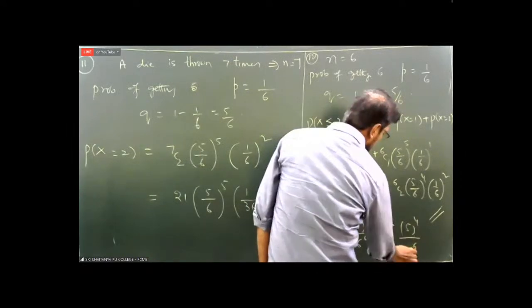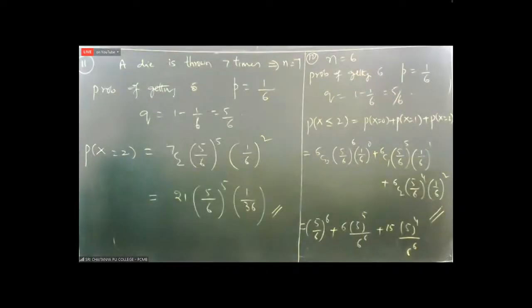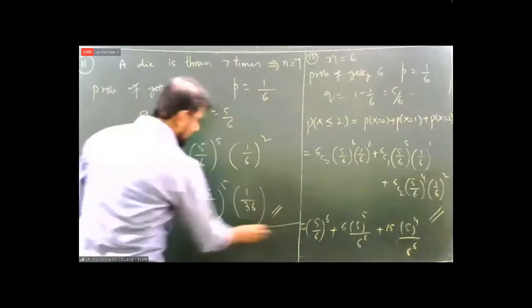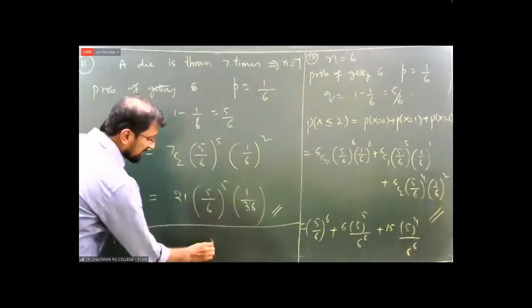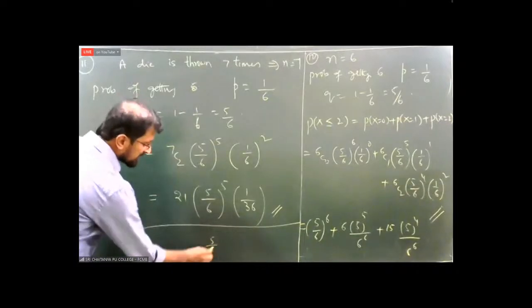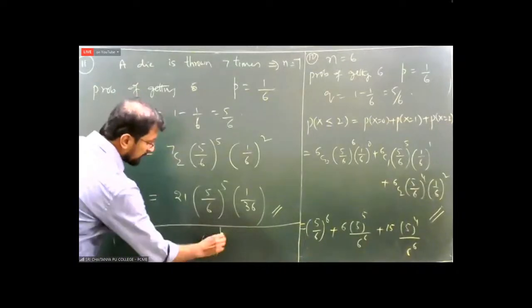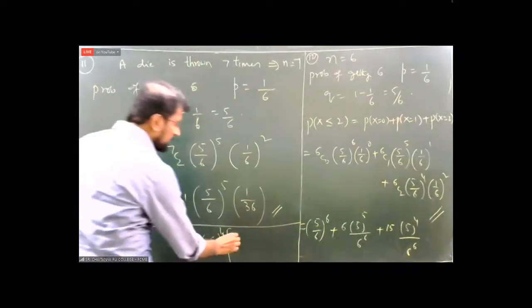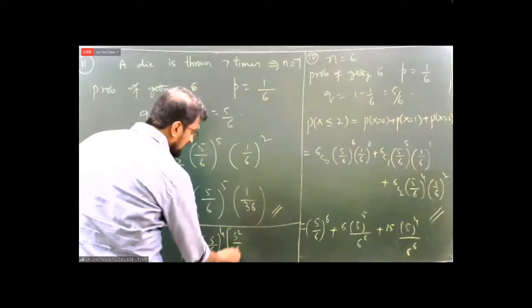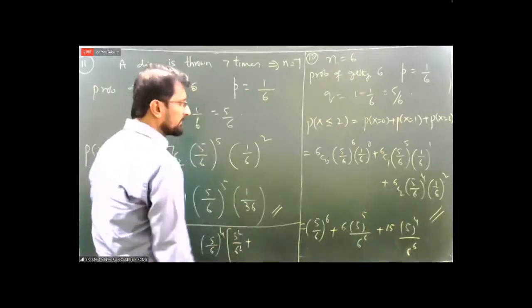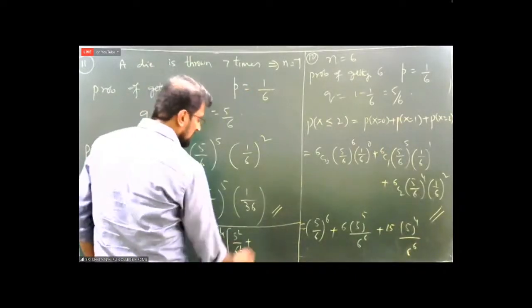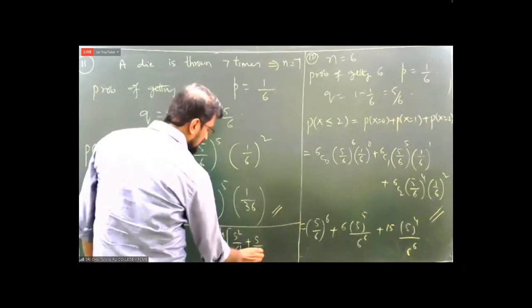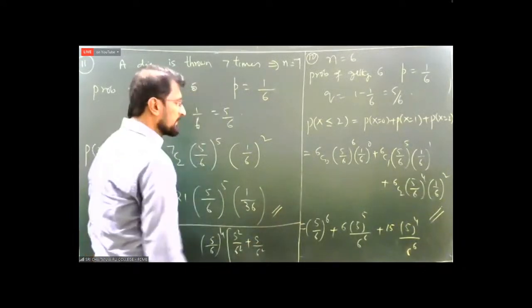Now you can take 6 to the power of 6 outside and add everything, or you can take 5 by 6 to the power of 4 outside, because that is the least. Okay, so you are going to get 5 square by 6 square plus 5 by 6 square into 6.